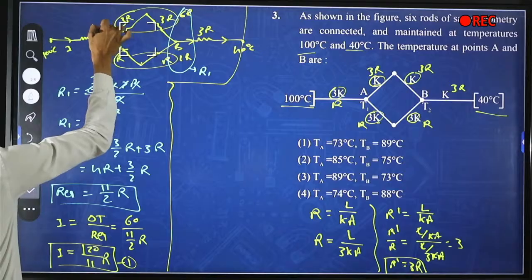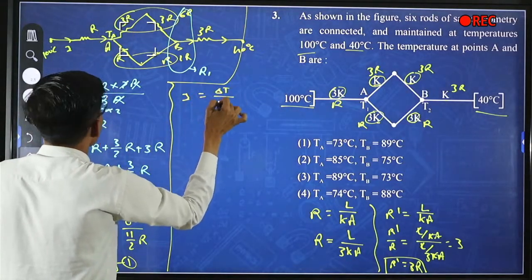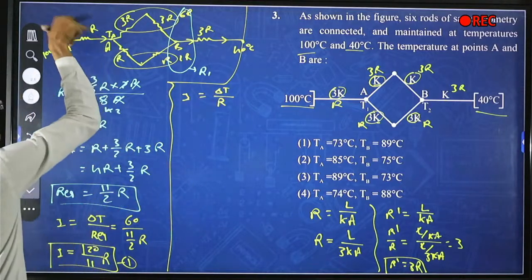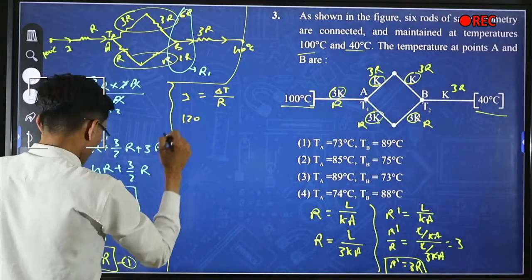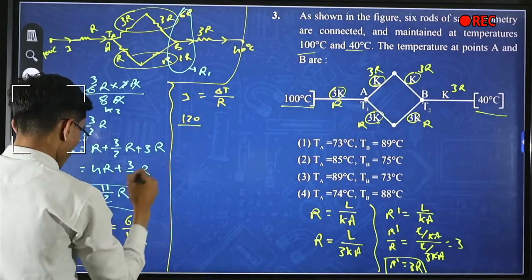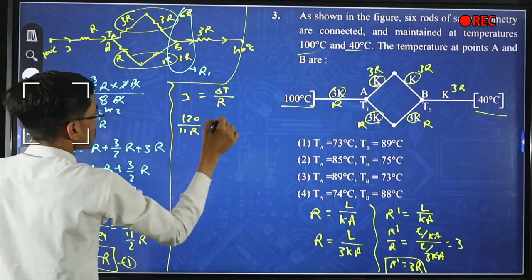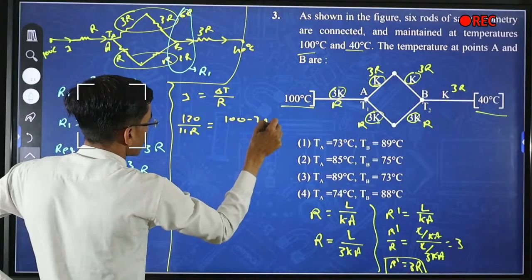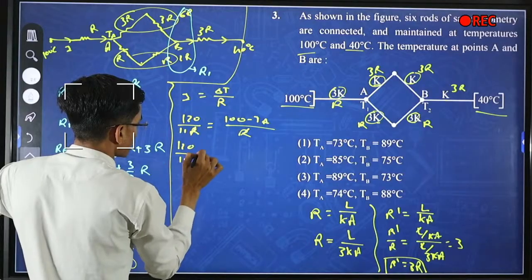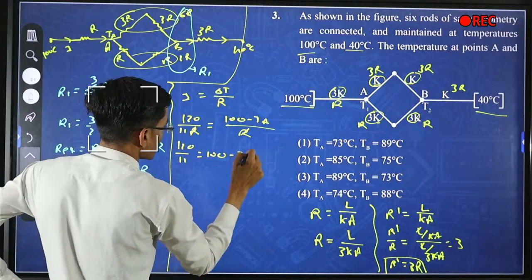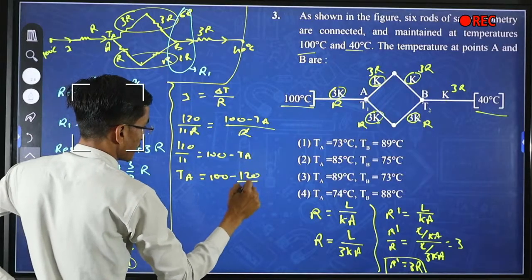So from this diagram we can say that I is equal to delta T by R. So I is equal to 120 upon 11R, which is equal to delta T, 100 minus TA, upon R. R cancels. So 120 by 11 is equal to 100 minus TA. So TA will become 100 minus 120 by 11.